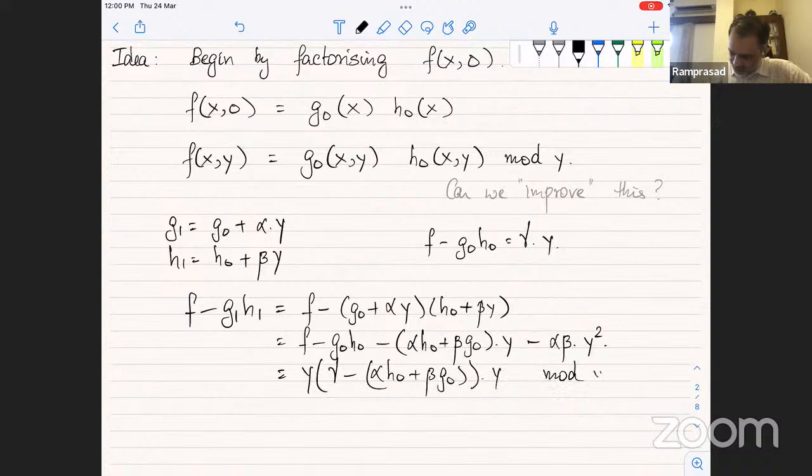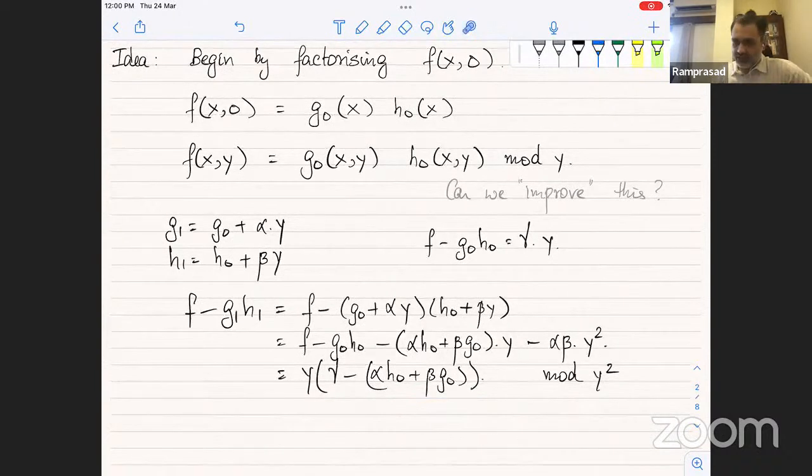And mod y squared, I can just ignore that last term because it was already divisible by y squared. So if I want this to be equal to 0, then I somehow want to choose alpha and beta such that gamma equals alpha h0 plus beta g0.